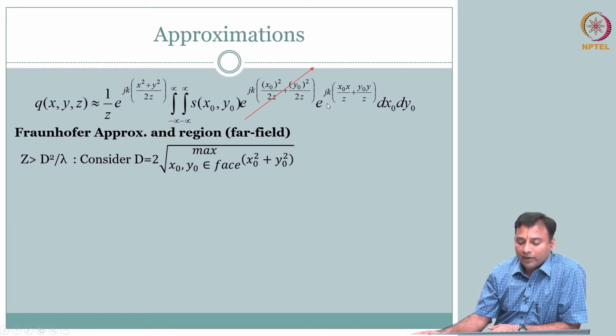Quickly you will recognize you have a form where x naught, y naught is there, you have an exponential, and your running variable is also x naught, y naught.